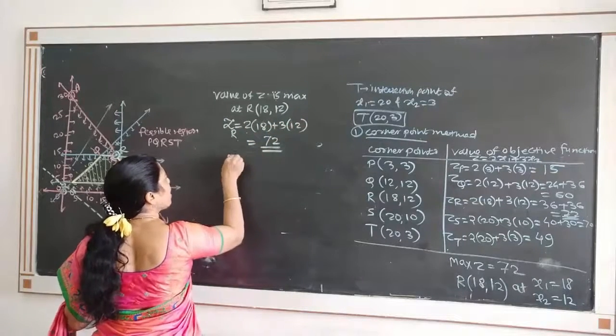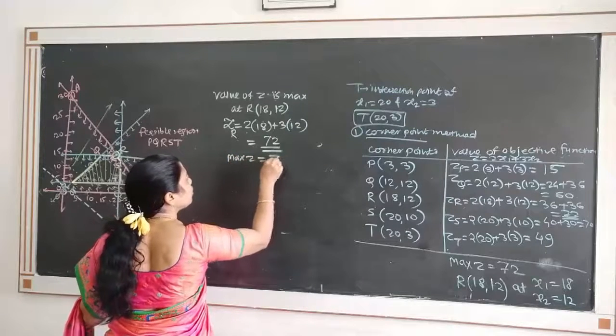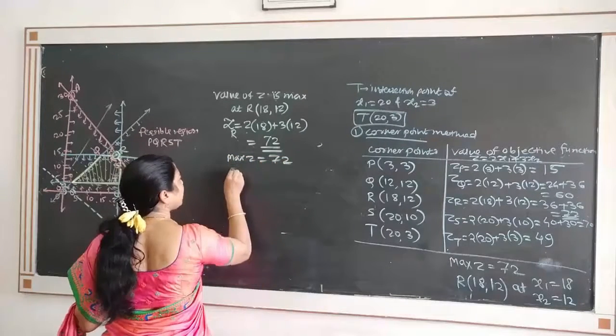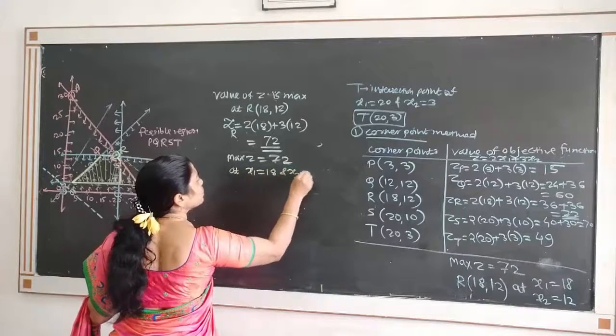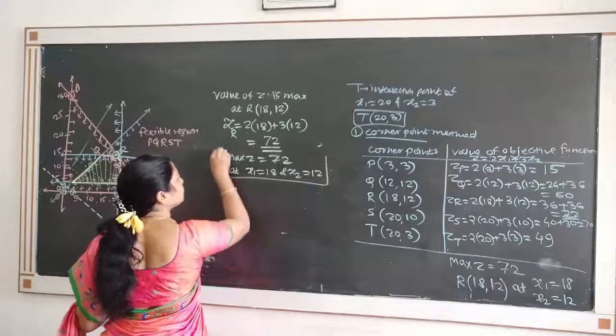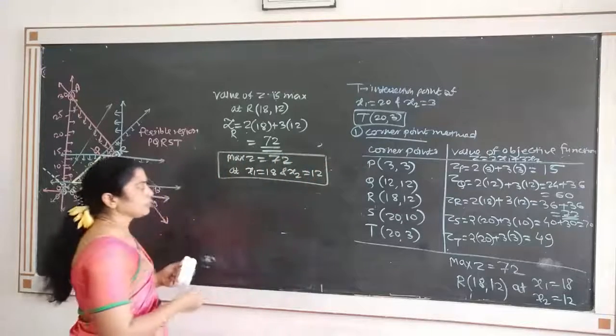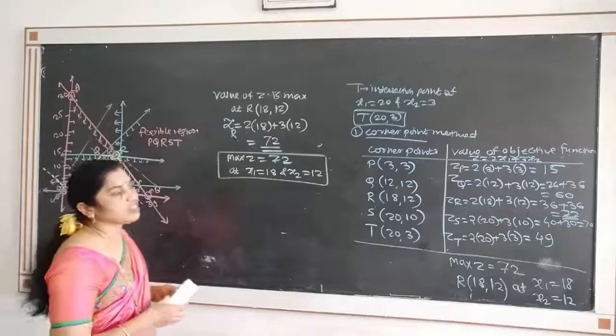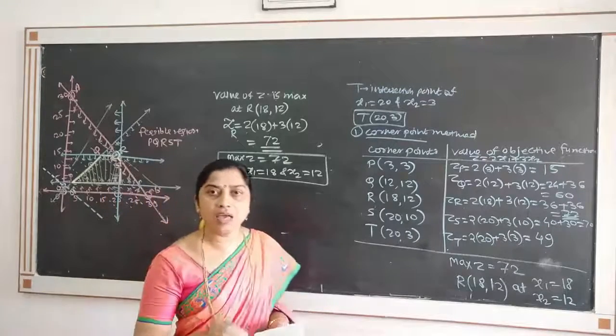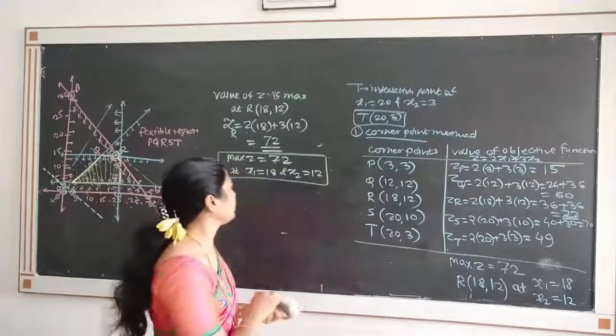So our answer is maximum Z equal to 72 at x1 equal to 18 and x2 equal to 12. So this is the second method, the isoprofit line approach method.